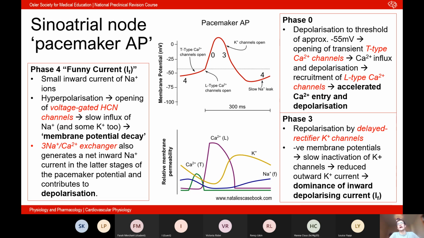So you get these potassium channels opening, the cell repolarizes, and over the course takes it back towards its resting membrane potential of around -80. But as the potassium channels inactivate over time, you get that dominance over towards the HCN channels and that funny current, which is predominantly sodium. And that's how you get this clockwork-like rhythmic depolarization of the cells, which is really important for cardiac function.